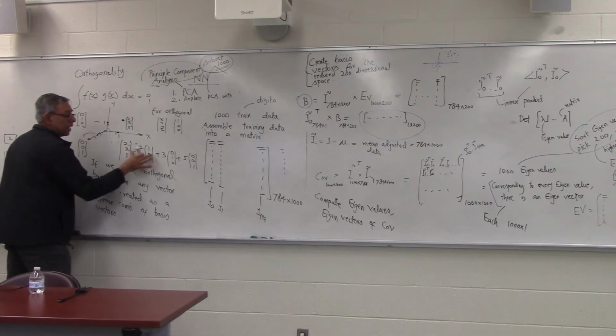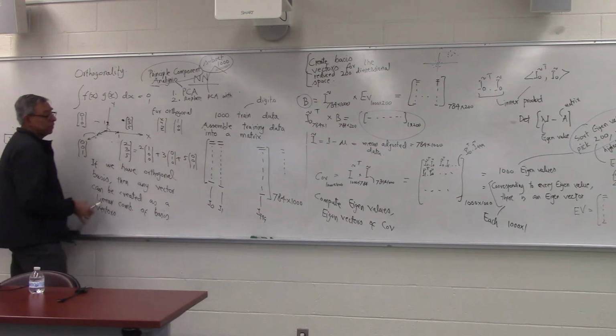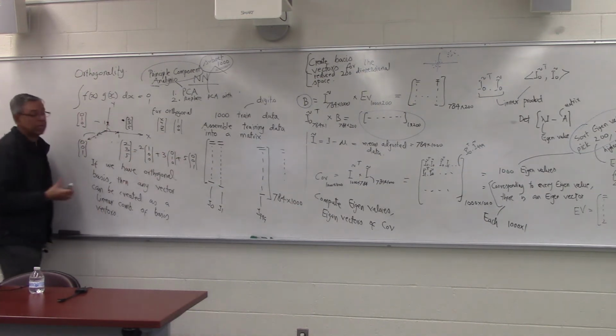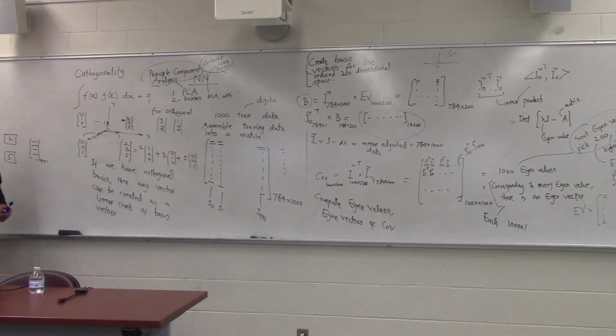So any data in our three-dimensional space could be represented as a linear combination of the three basis vectors, right? Okay, so very similarly, let's go back to our problem.